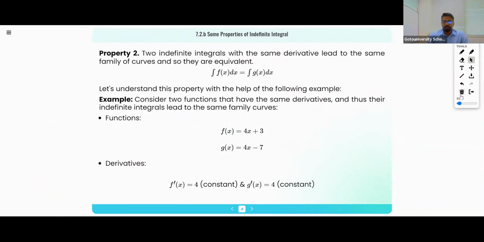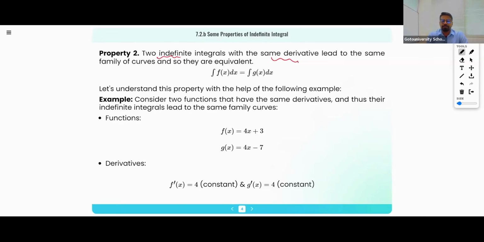Another very important property is that two indefinite integrals with the same derivative lead to the same family of curves. What do you mean by this statement? Two indefinite integrals with the same derivative lead to the same family of curves.